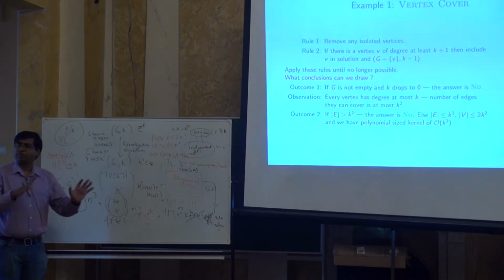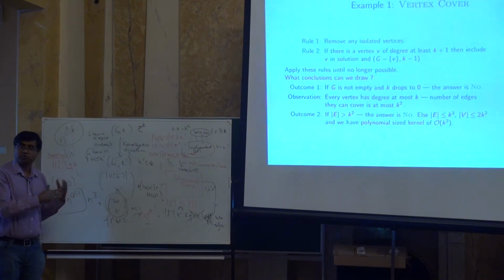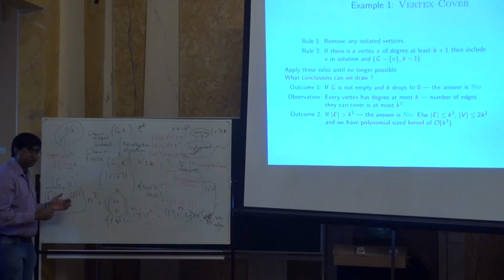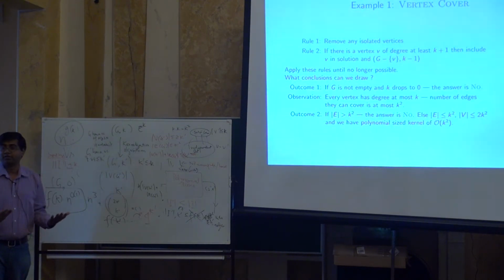So there are lots of questions still unanswered. I mean, there are a variety of questions unanswered. The tool which I was trying to tell you, these matroids and all this, which is one of the goals to explain to you, has helped us resolve some questions about some problems, whether they have a polynomial kernel or not. But there are still many fundamental problems, basic problems, for which we still do not know the parameterized complexity, like the kernelization complexity of them.